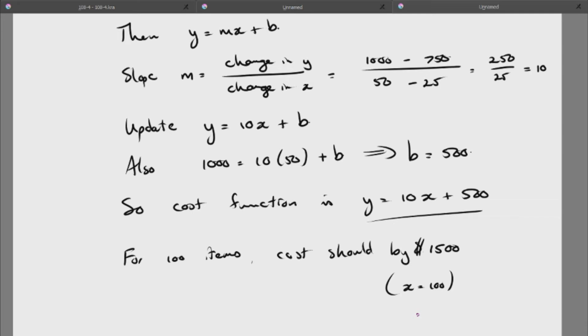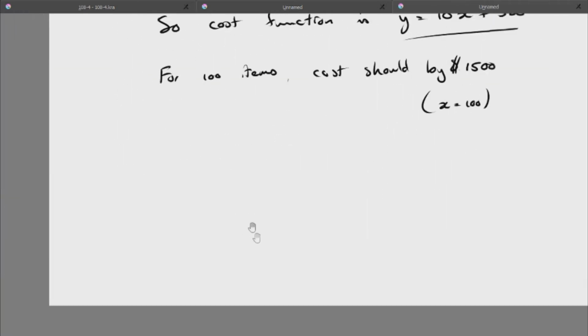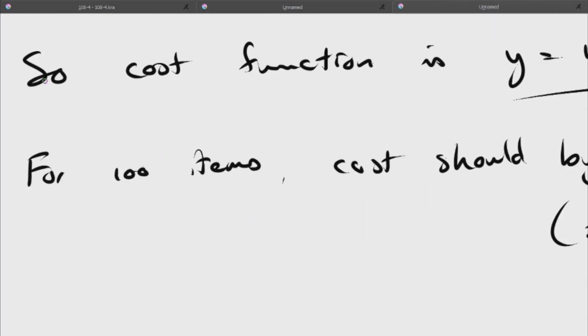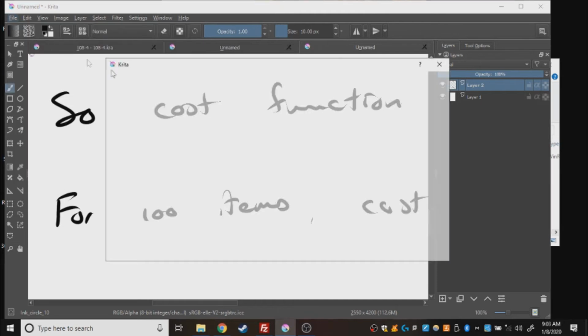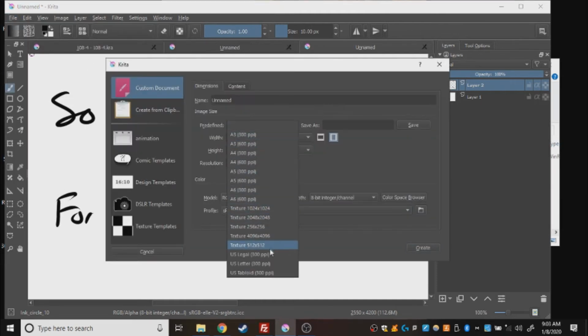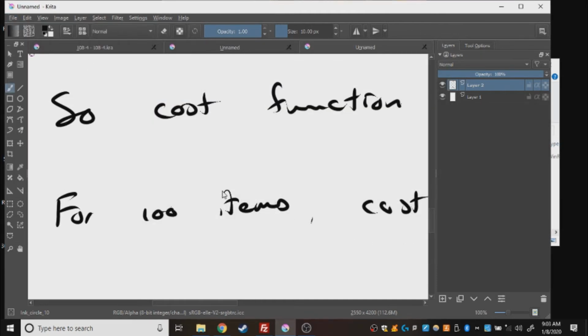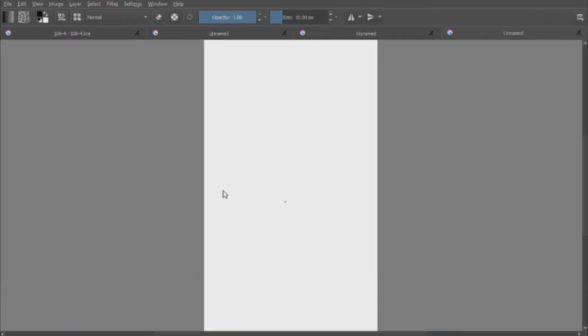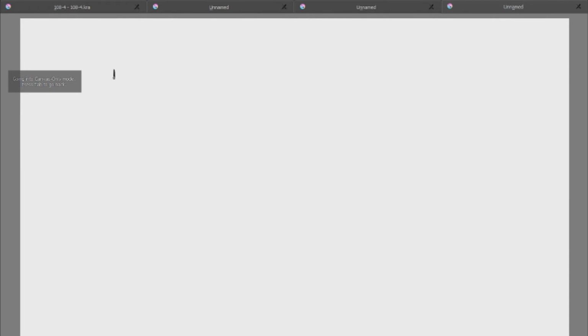Number 4. Let's see if I have space here. So let's do number 4. I'm just making a new page to get ready. 4.